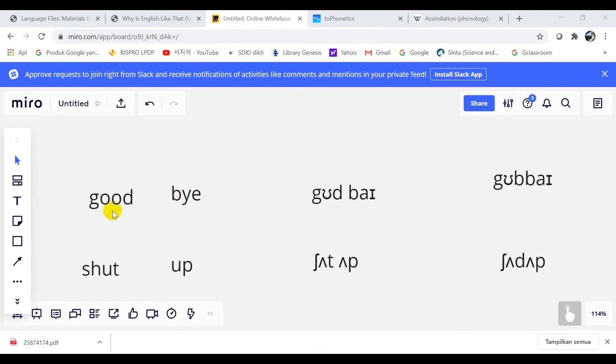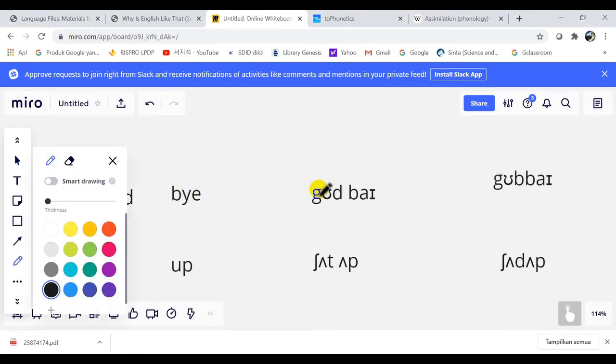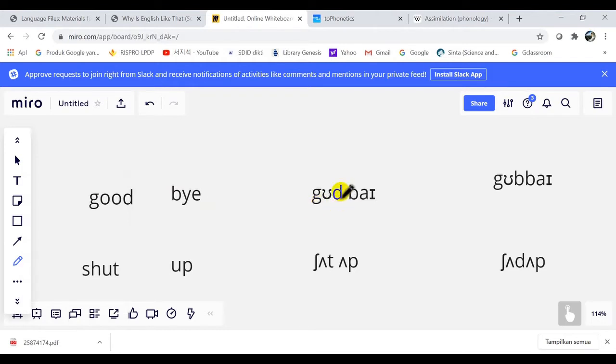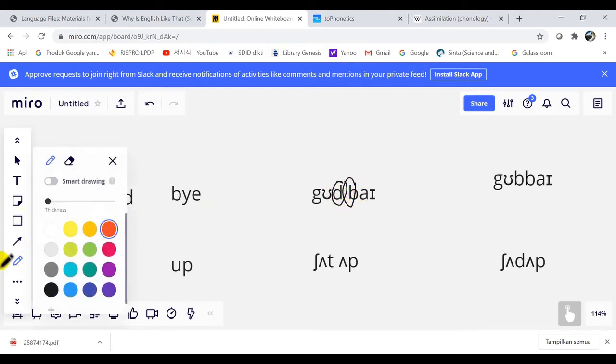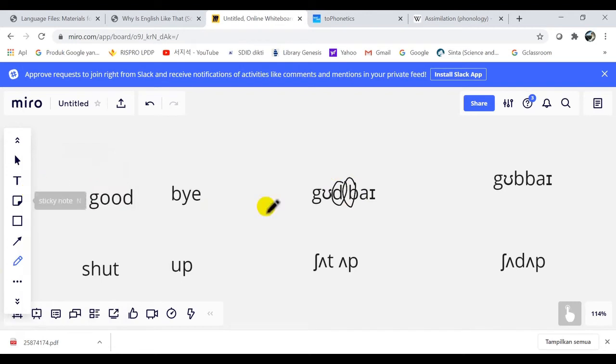So, for example, when we say goodbye, individually it will be like this: good, bye. However, here when d meets b, this is difficult, even though both sounds are voiced.